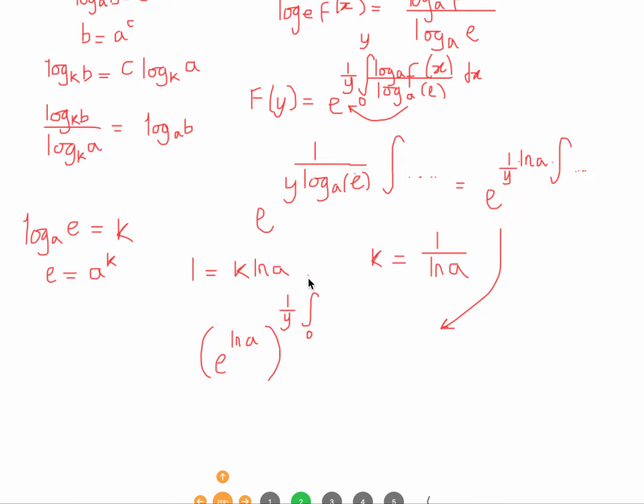I'm not writing it out all the time because this software's a little bit annoying, but remember, a power to a power multiplies, and this is just going to simplify down to a. So what we end up with is a to the 1 over y, the integral between 0 and y, of log base a of f of x dx. Okay, so that's the first part done.